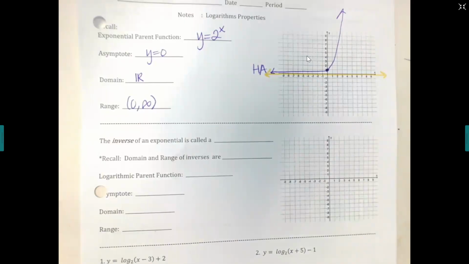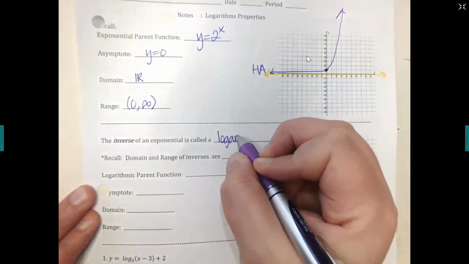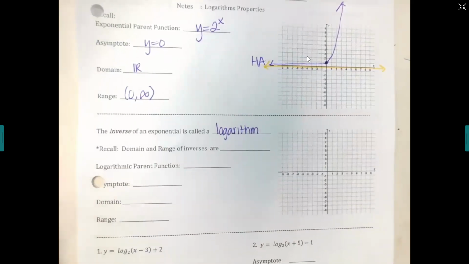Okay, so the inverse of an exponential is called a logarithm. Okay, and when I say inverse, that's like things that cross out with each other. So like plus and minus, those are inverse operations. Squared and square root, those are inverse operations.